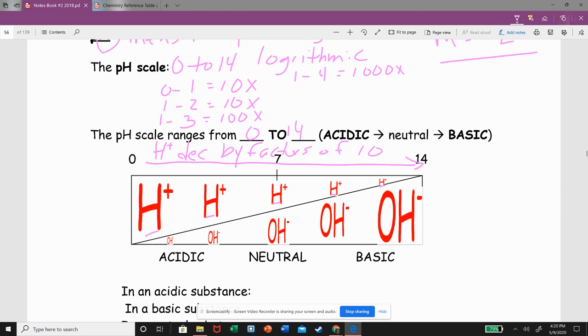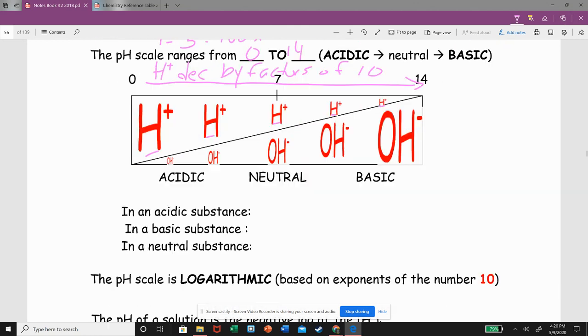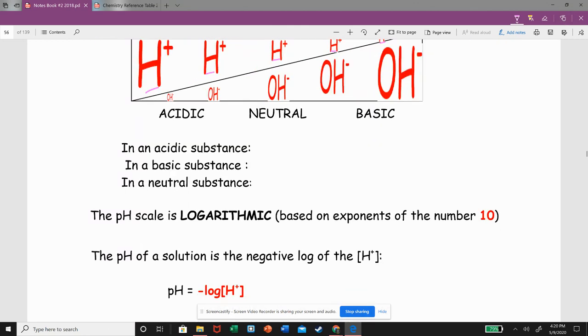So every pH value change is a factor of 10. All right, so now let's look at our OH. From 1 to 14, our OH minus is increasing, but our H plus is decreasing, by factors of 10.